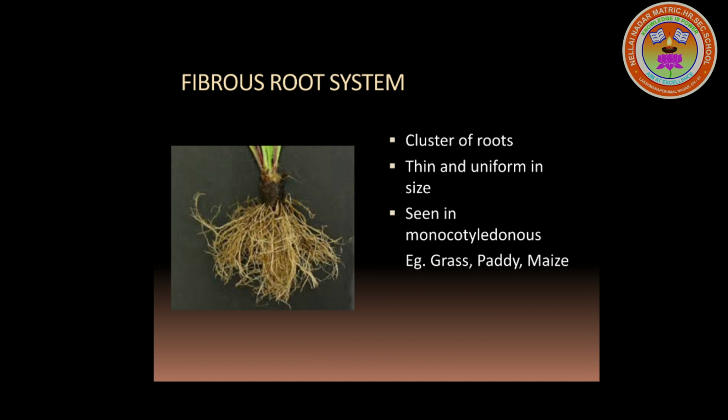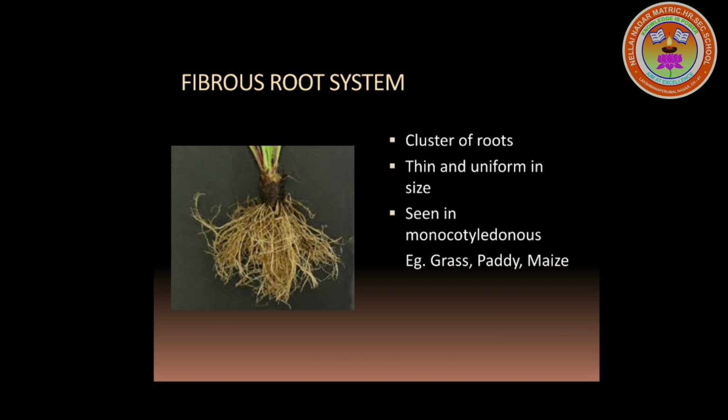This fibrous root system arises in a cluster, and the roots will be very thin and uniform in size. You cannot see very big roots in monocots or the fibrous root system. Here the roots are very thin and they grow in a uniform size.